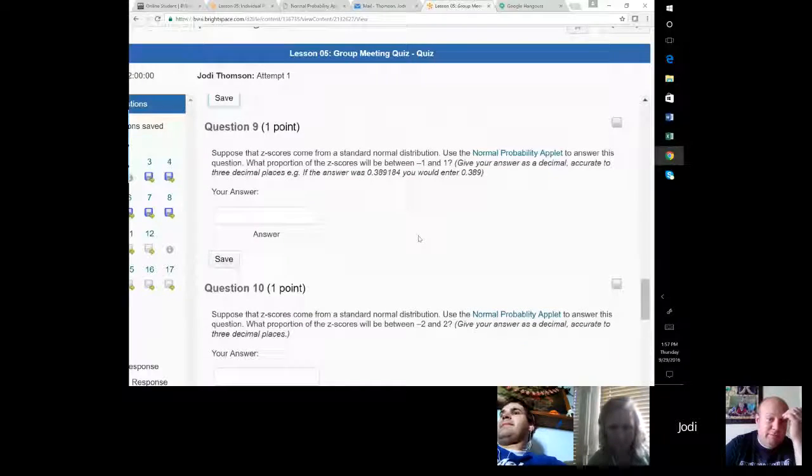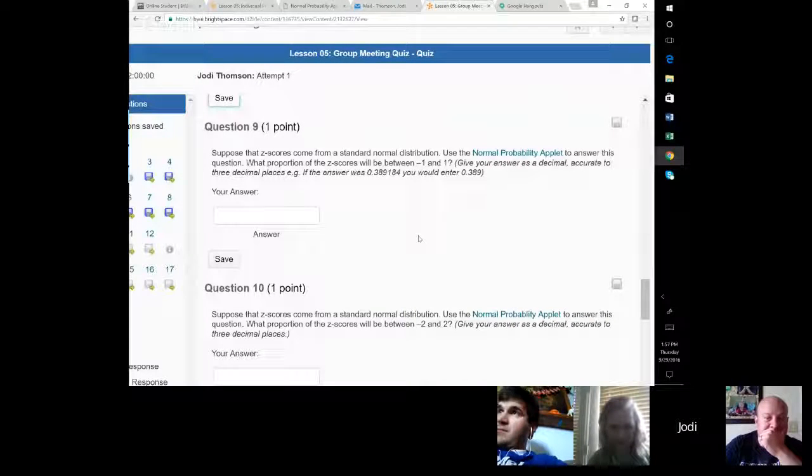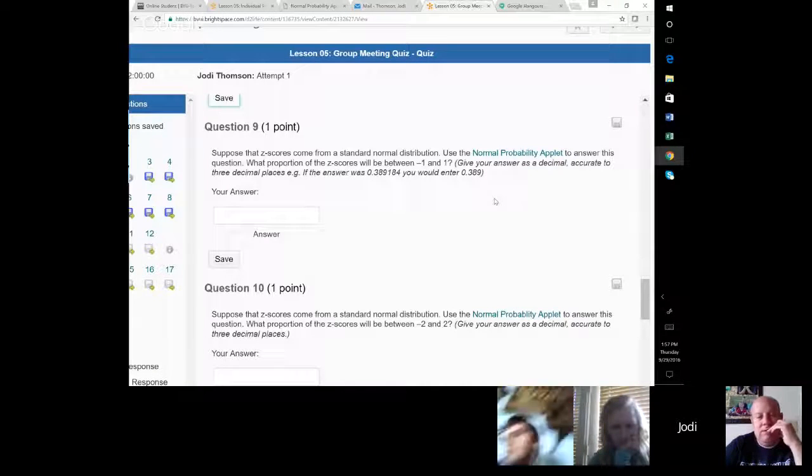Okay, suppose that z-scores come from a standard normal distribution. Use the normal probability applet to answer the question. What proportion of the z-scores will be between -1 and 1?